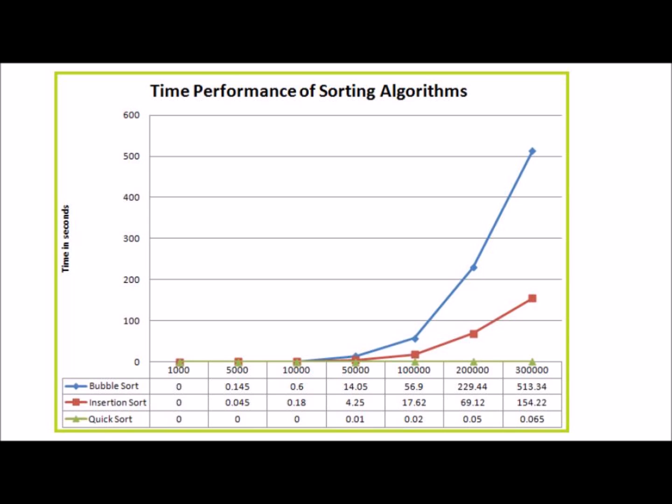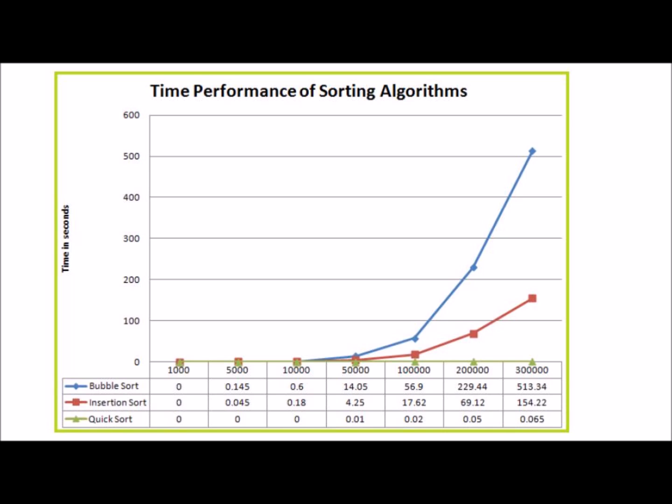For insertion sort, it was in the middle, not too high, not too low. But quicksort was the fastest sorting algorithm when the elements were 200,000 to 300,000. It executed in less than a second.